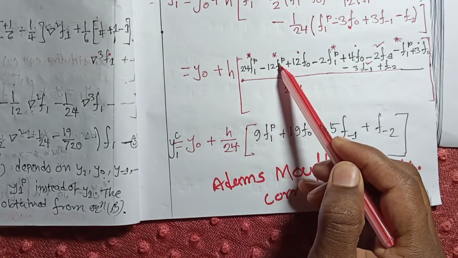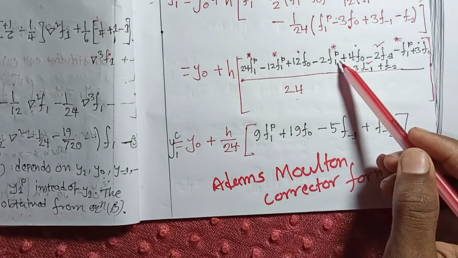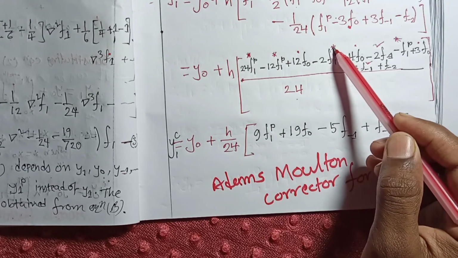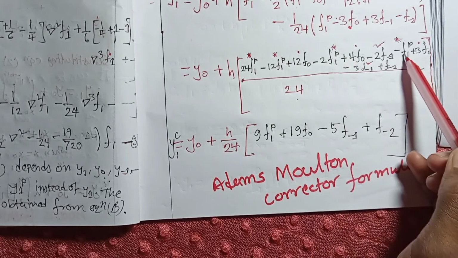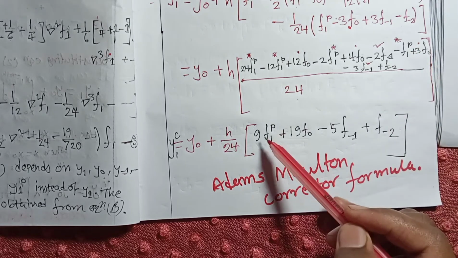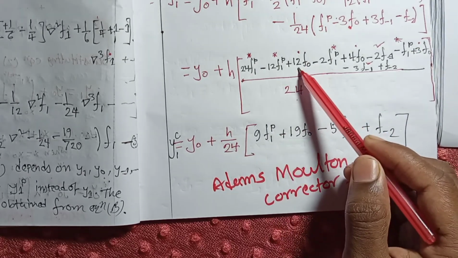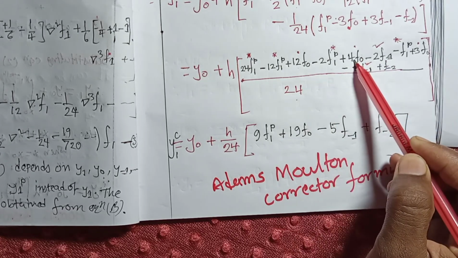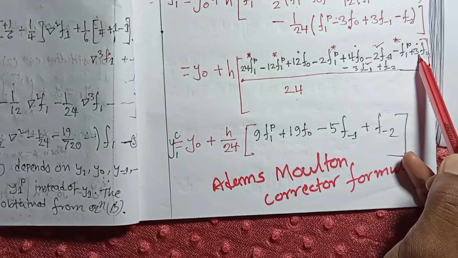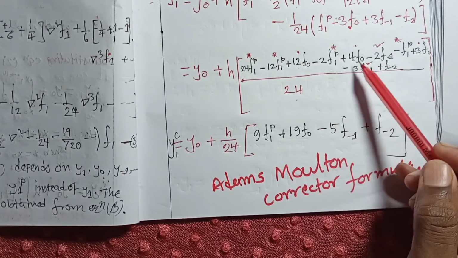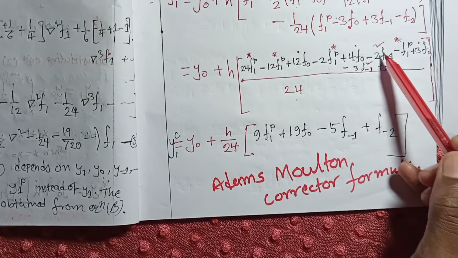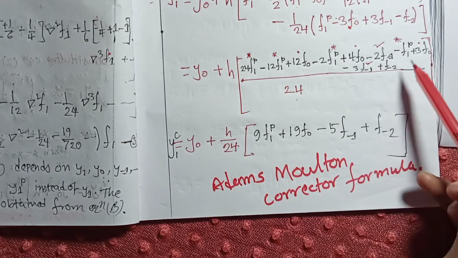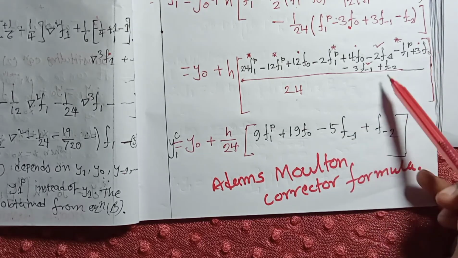Here 24 minus 12 is 12, minus 3 gives 9. For f0, 12 plus 4 is 16, plus 3 is 19. For the tick mark, minus 2 minus 3 is minus 5, and f sub minus 2.